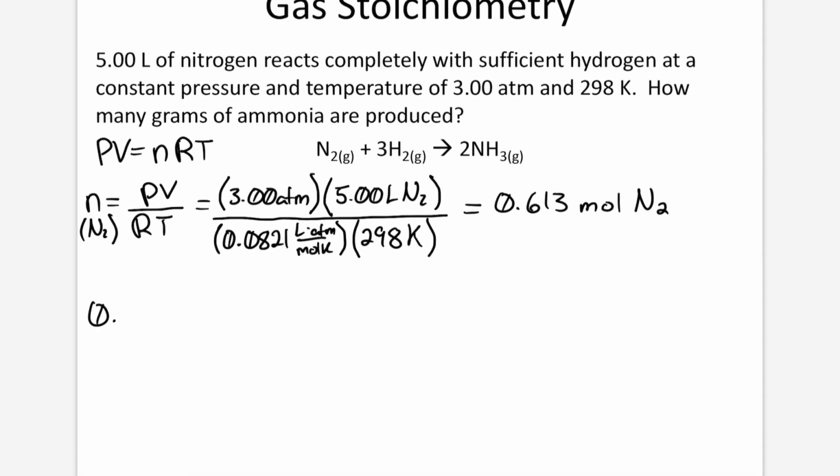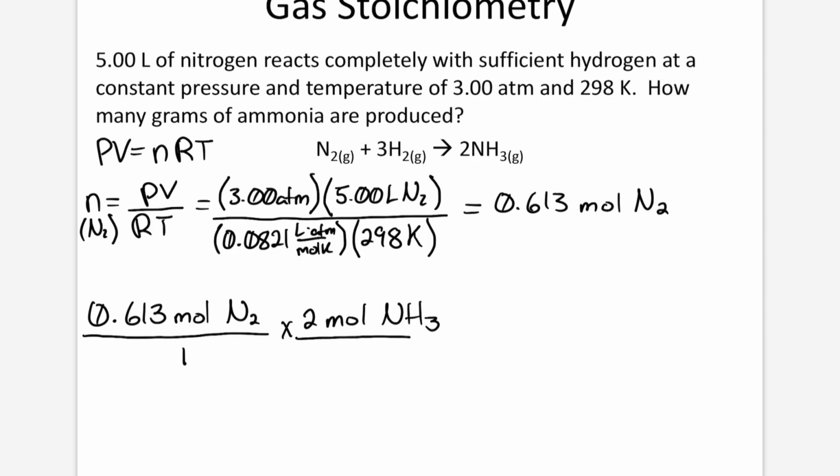So at this point, I would take my 0.613 moles of nitrogen, convert it to moles of ammonia, and then lastly, convert from moles of ammonia to grams of ammonia.